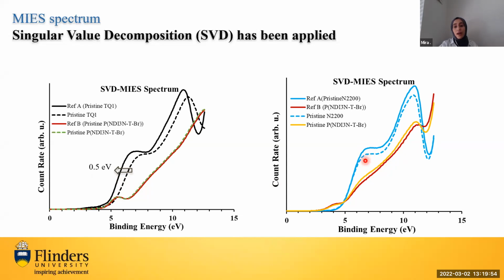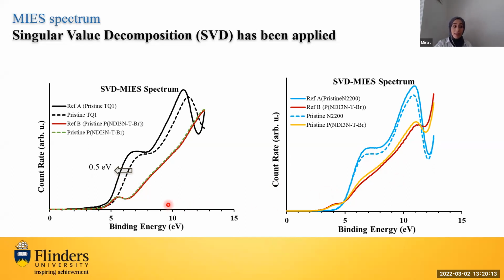Also for N2200, we found two references. One is identical to N2200, and the second one is the same as P11, but doesn't show any shift on the energy scale, both for N2200 and for P11.